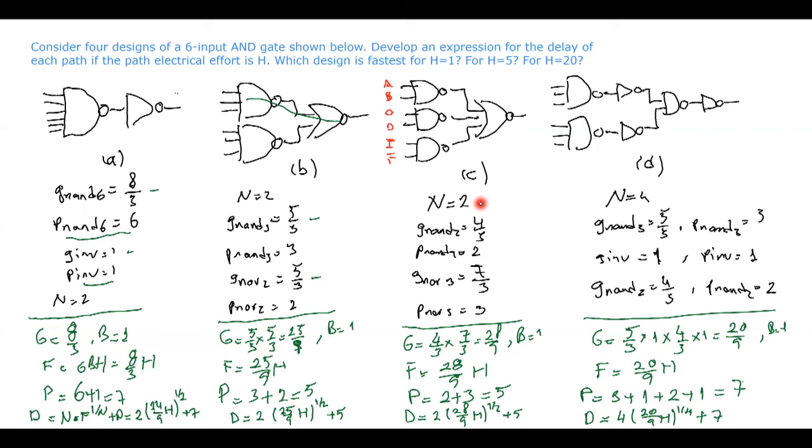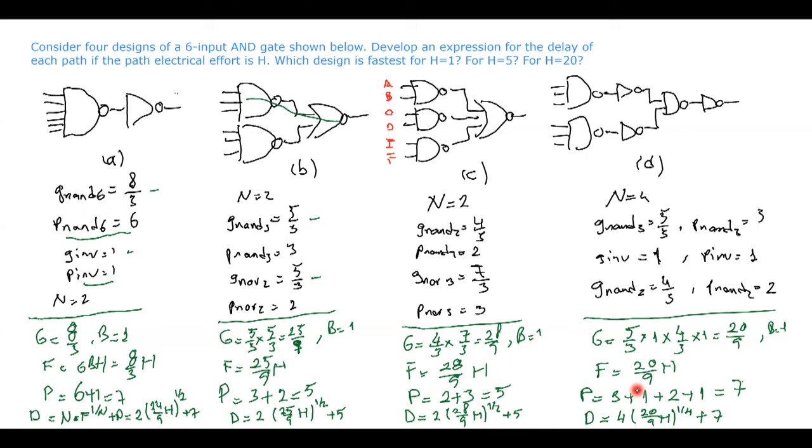So let's do the calculations based on these expressions. What we expect is that as H grows, the one that has the least path logical effort will have a lesser delay. If this is big, you will see that it will dominate over the parasitic delay and can yield a better delay result.